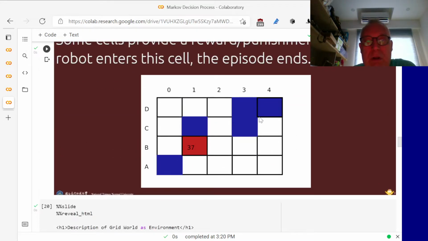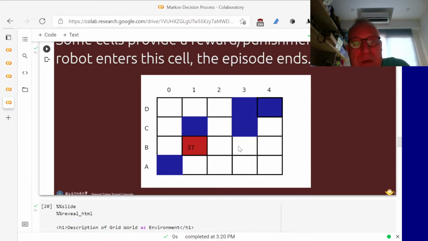in the grid world, it's fairly intuitive to assume that if I'm in state B3, it doesn't matter how I ended up in state B3, right? It didn't matter if I went A1, A2, A3, B3, or if I went A1, A2, A3, A4, B4, C4, B4, B3.